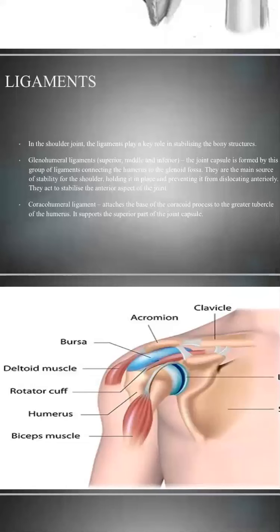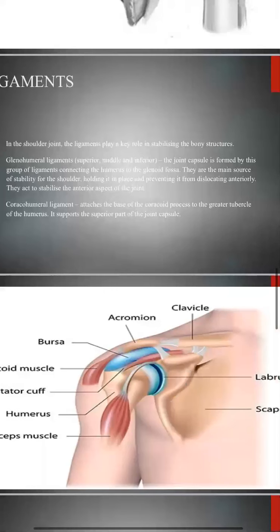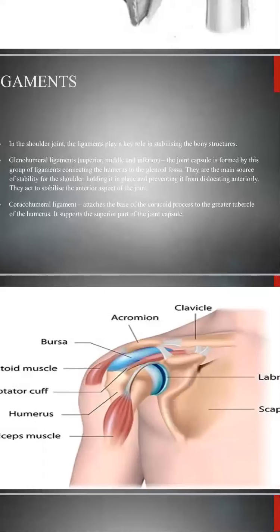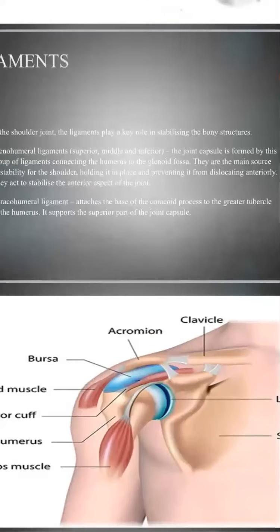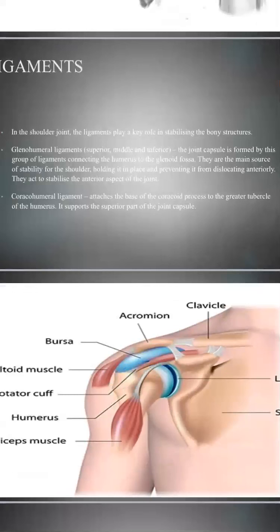The first one is the glenohumeral ligament. The joint capsule is formed by this group of ligaments connecting the humerus to the glenoid fossa. They are the main source of stability for the shoulder.